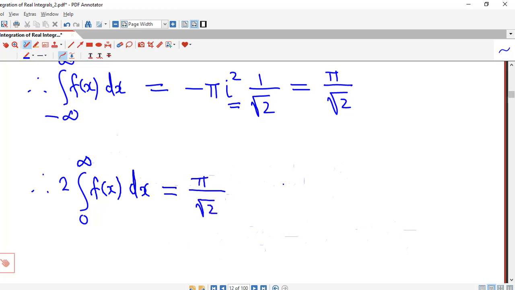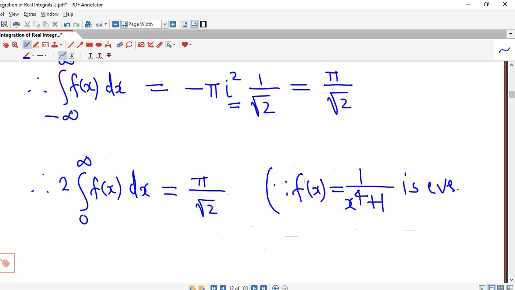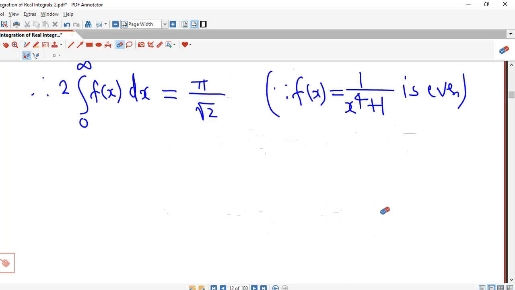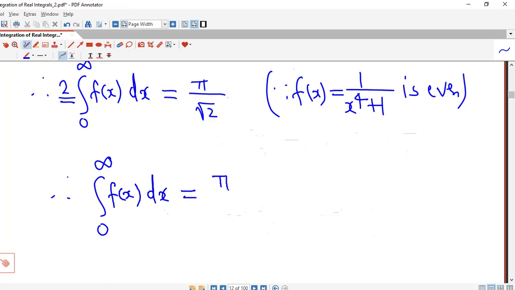So we have pi over root 2, and we take the 2 to the right hand side, and we obtain that the integral from 0 to infinity of f(x) dx is going to be pi divided by 2 root 2.